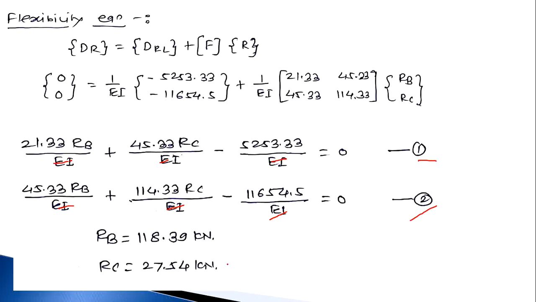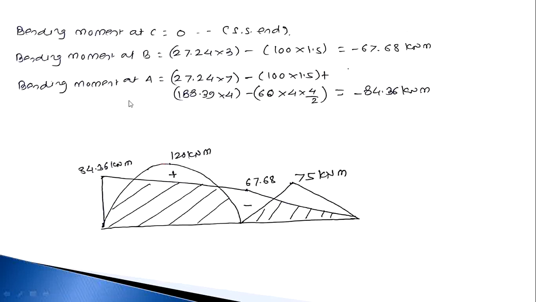Now by using this RB and RC, we calculate the bending moment. First, the bending moment at C is 0 because of the simply supported end. Then the bending moment at B is 27.24 into 3 minus 100 into 1.5, so it becomes minus 67.68 kilonewton meter. Then the bending moment at A is RC into 7 minus 100 into 1.5, then 118.39 into 4, that is RB, and minus 60 into 4 into 4 by 2.